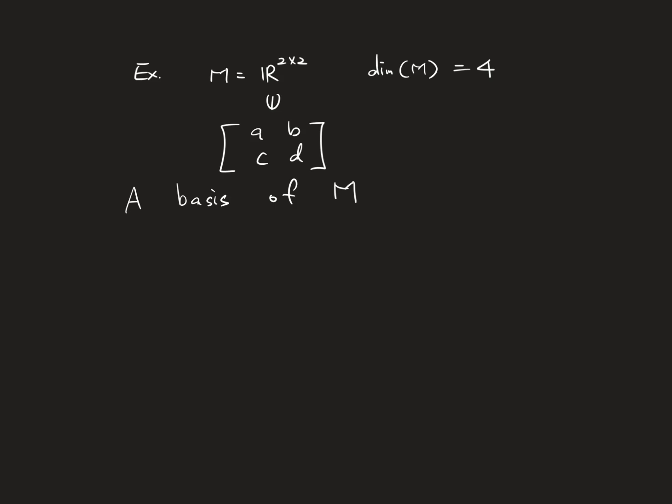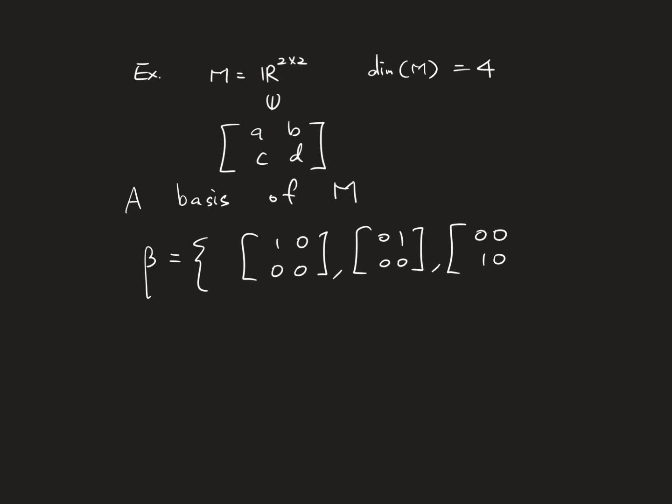A basis of this M could be beta, consisting of [1 0; 0 0], [0 1; 0 0], [0 0; 1 0], and [0 0; 0 1].